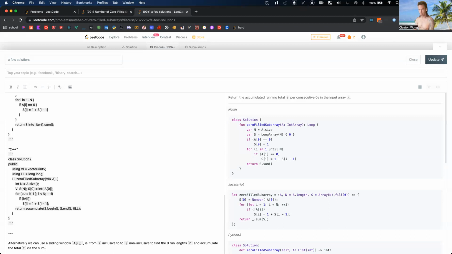The sum of series: n times n plus one divided by two.